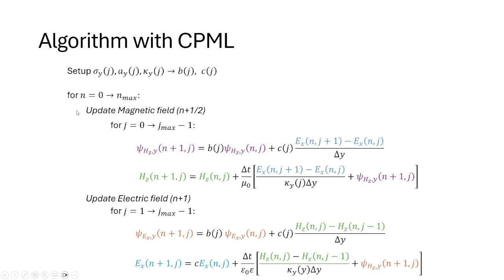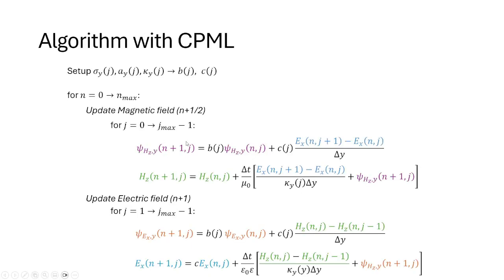So here is our algorithm for the CPML. So first, we need to set up our sigma, our a, and our kappa for those y PMLs. And those will help us derive those b and c terms. Then we do our time stepping loop, and first we update our psi for the magnetic field in the PML region.